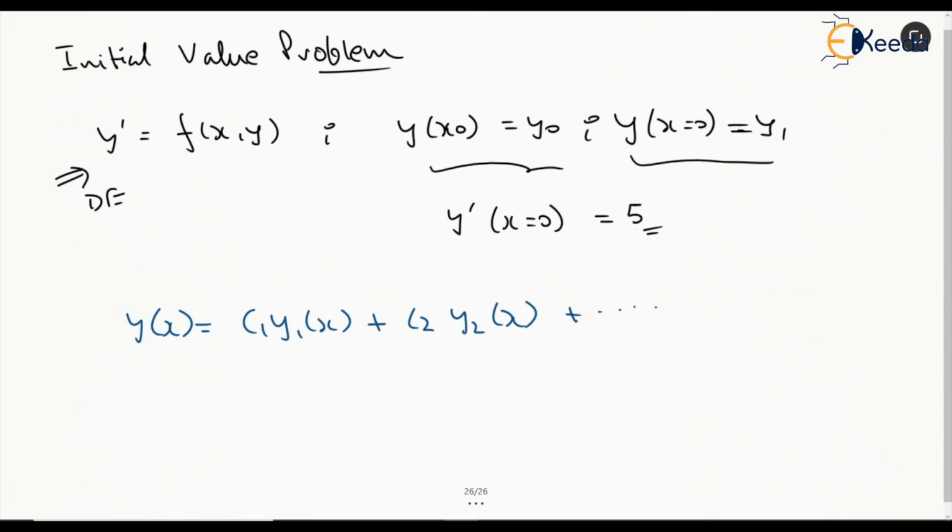So if we have certain initial conditions provided, any of them, or maybe all of them, or whatever number of conditions are required, then probably we can find the constant values c1, c2 and so on, so that we can have a particular solution for the requirement, right?